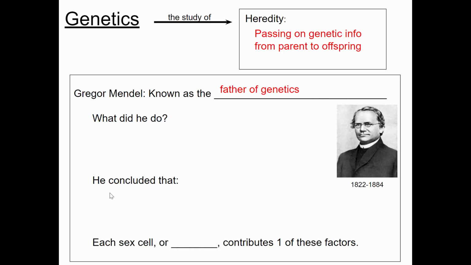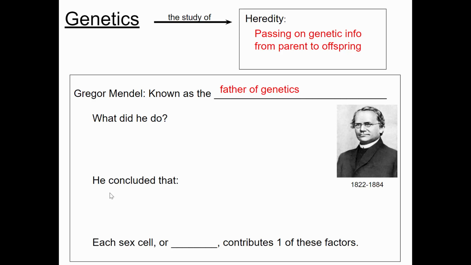Gregor Mendel was a monk, a religious person. He was Austrian, not Australian, but Austrian. What does that mean? So he lived in Austria, Eastern Europe, and he was a monk, so he lived in a monastery, but he had some free time on his hands.